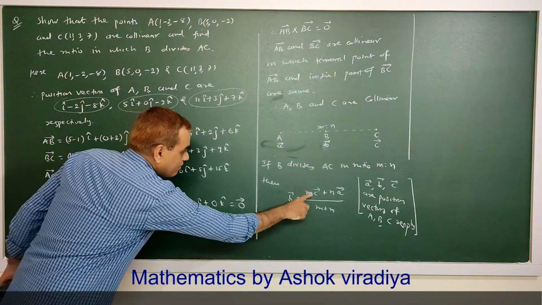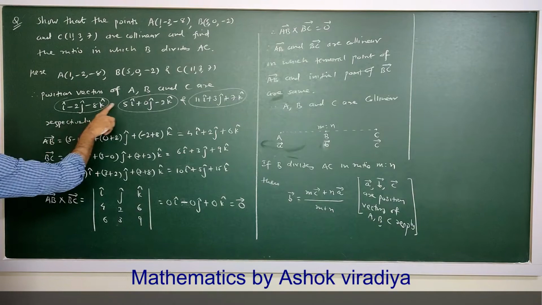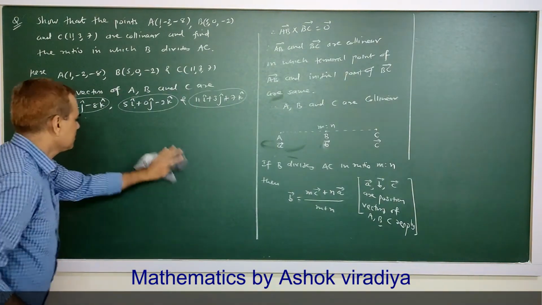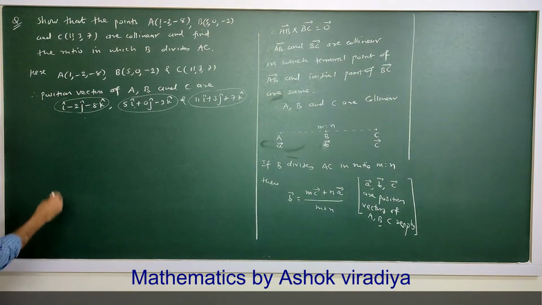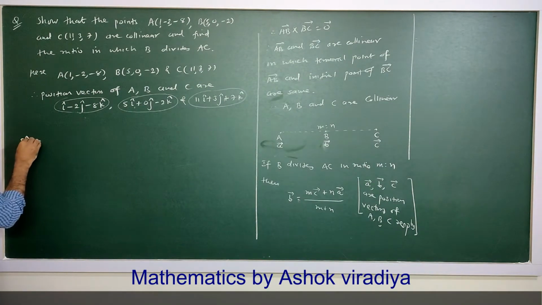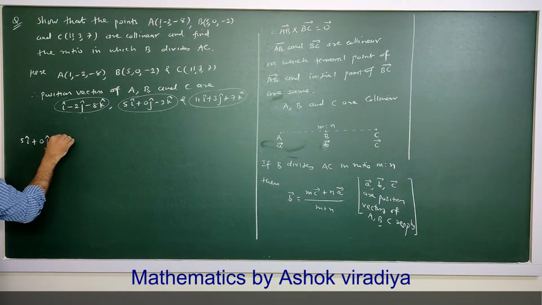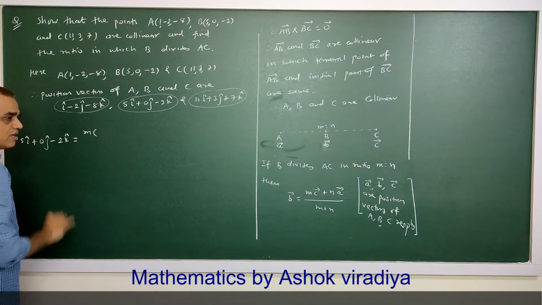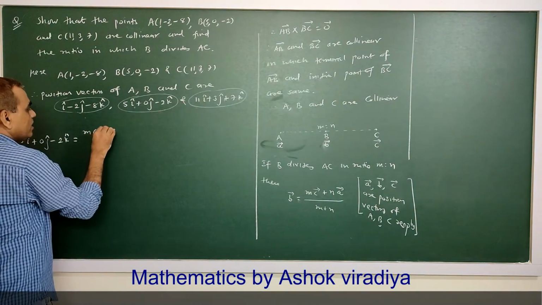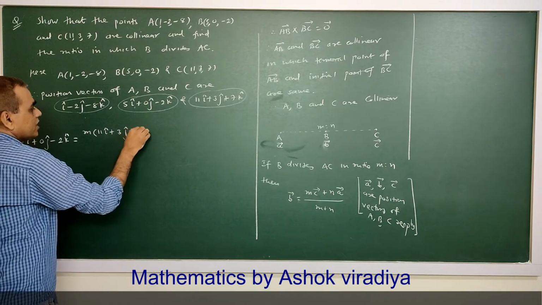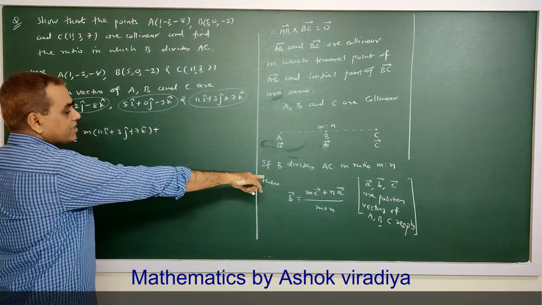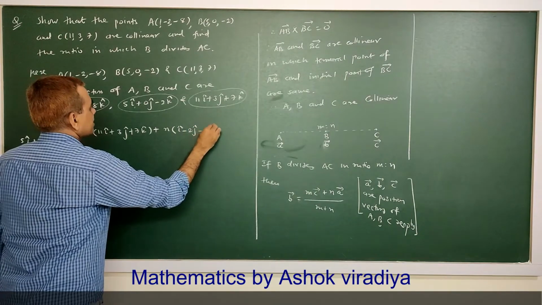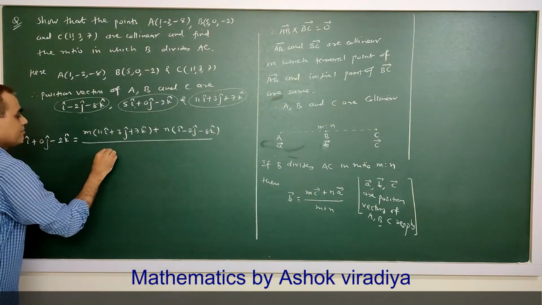Now putting values in this formula, vector B is 5i plus 0j minus 2k, equal to m times vector C, which is 11i plus 3j plus 7k, plus n times vector A, which is i minus 2j minus 8k, upon m plus n.